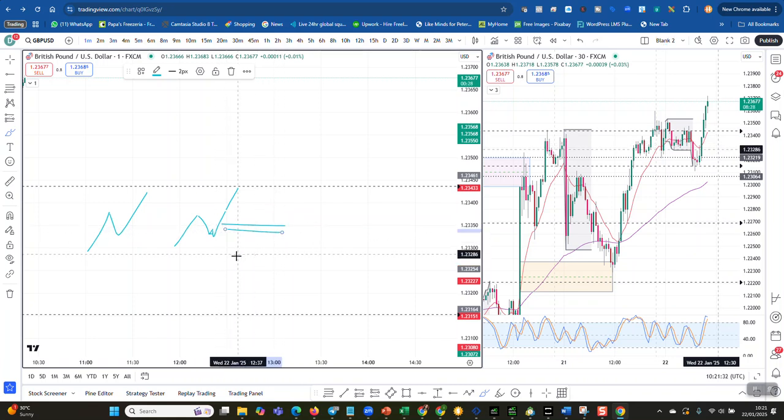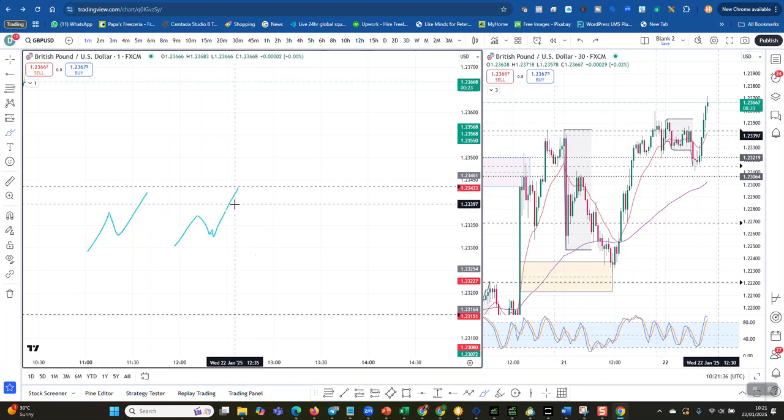But what I also want you to do, once you have this relevant move from here to here, is watch out what price is doing, forming internal structure around this area here.